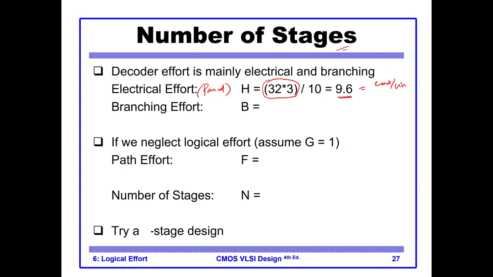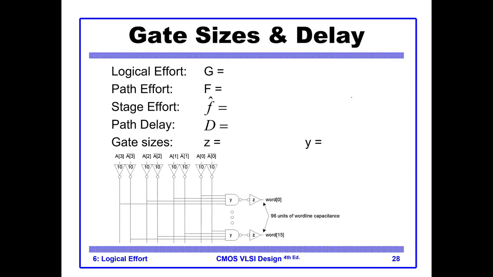The next thing is the branching effort of the whole path. For that we need to think about the decoder circuit. The decoder circuit is something like this. It has level 1 of NOT gates, level 2 of NAND gates, and level 3 of NOT gates. So it has 3 levels.